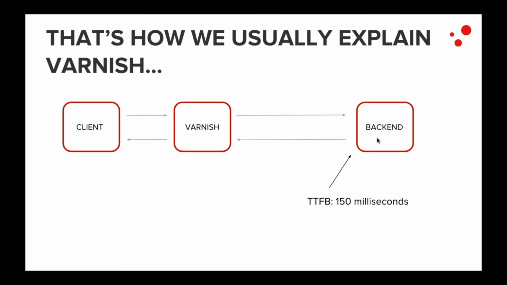All the other incoming clients requesting the same resource will be served directly from cache, and this will reduce time to first byte to 30 microseconds. So when we talk about Varnish, we tend to highlight that caching is important when it comes to performance, speed, and reliability.